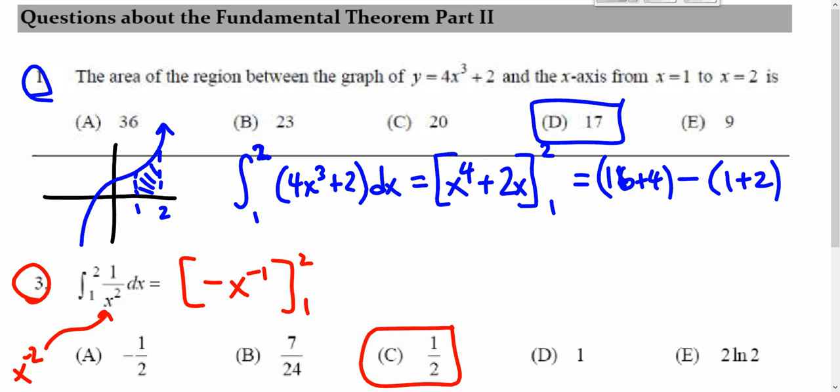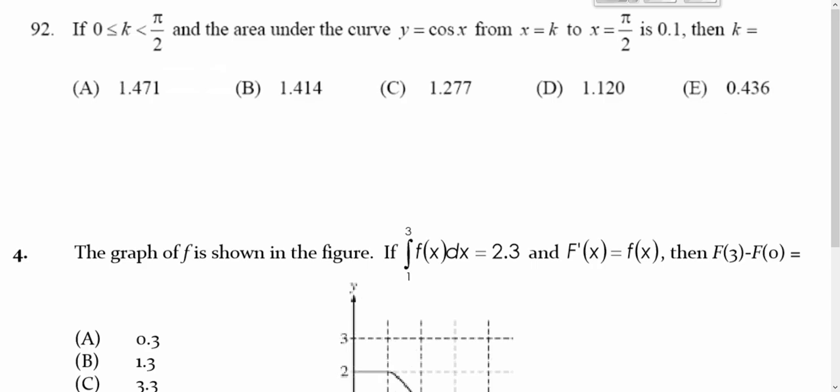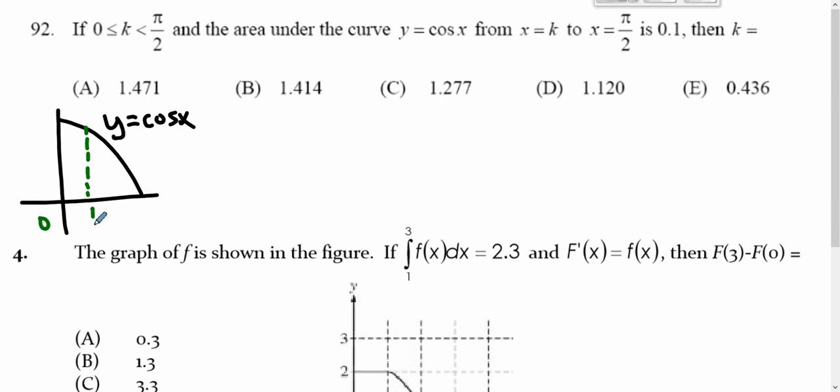Yes. Okay. So this is similar to something we have actually done in a previous video, so I'm not going to belabor the point. You've got cosine x, you've got 0 to k. I think this might have been the inspiration for the question I wrote about that.